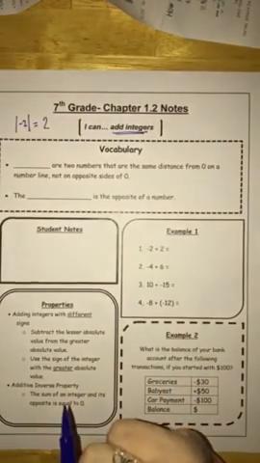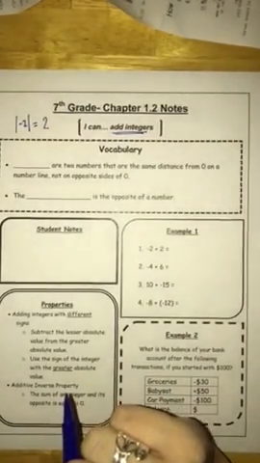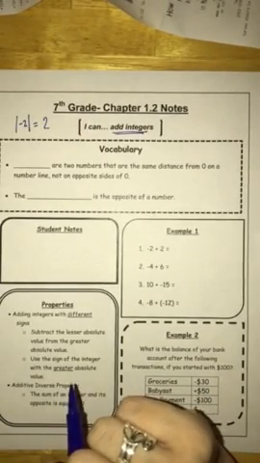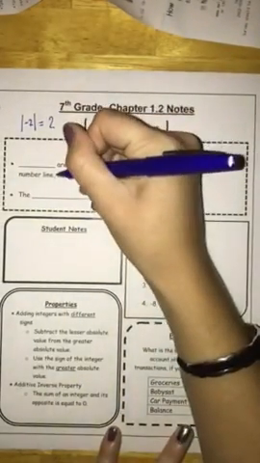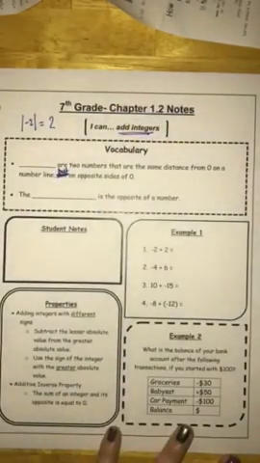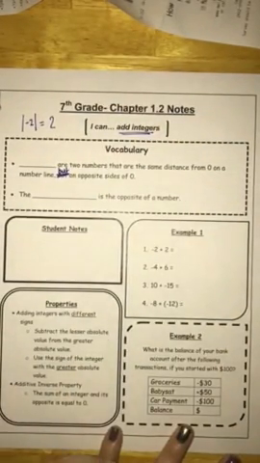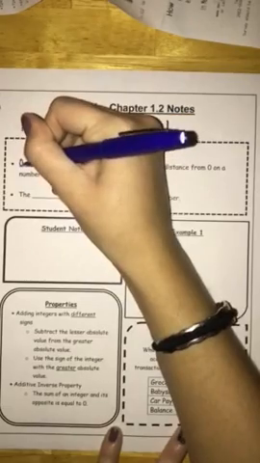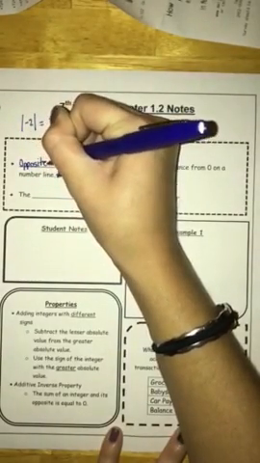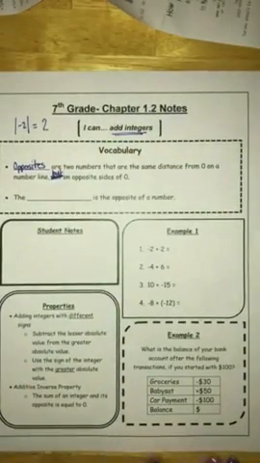Our first one says, blank are 2 numbers that are the same distance from 0 on a number line, but on opposite sides of 0. Your first vocabulary term is opposites.